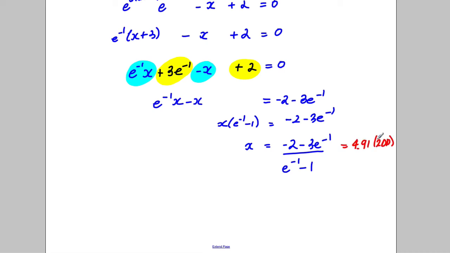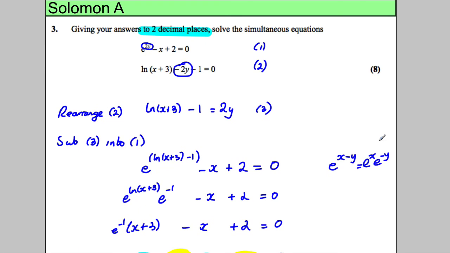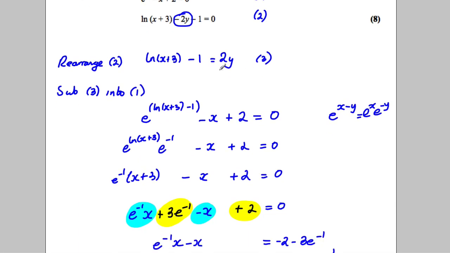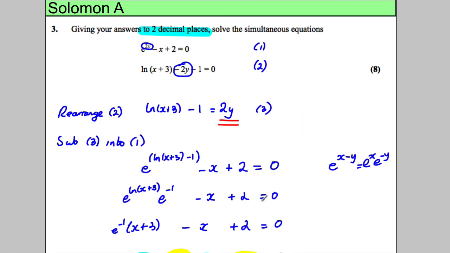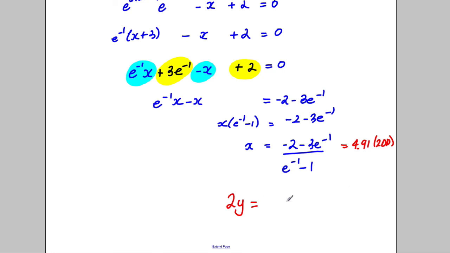Now whatever you do, keep the answer exactly in your calculator and work out y. So 2y, we've said from previous things, would be ln x plus 3 take away 1. So therefore 1y would be this divided by 2.